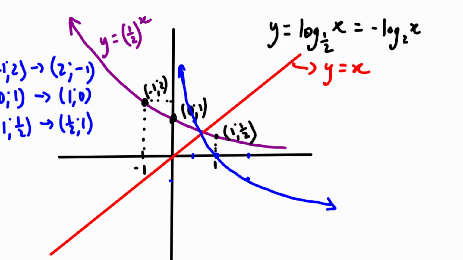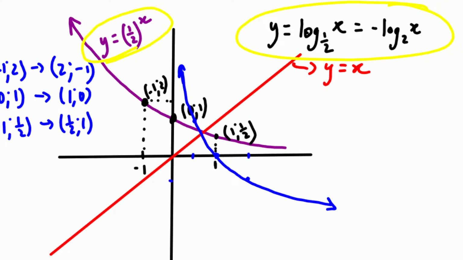By the way, I'm showing you both methods so that you choose the most convenient method for yourself when dealing with this. You don't have to do both ways when you're in the exam, all right? You can either trust the equation which you have derived, the equation of the inverse. In this case, I am referring to this equation here. Or you can say, no, let me get points from my original function, which is y is equal to half x, and let me swap those points.